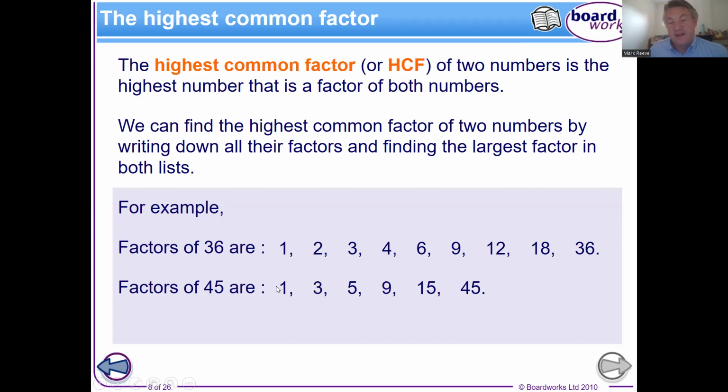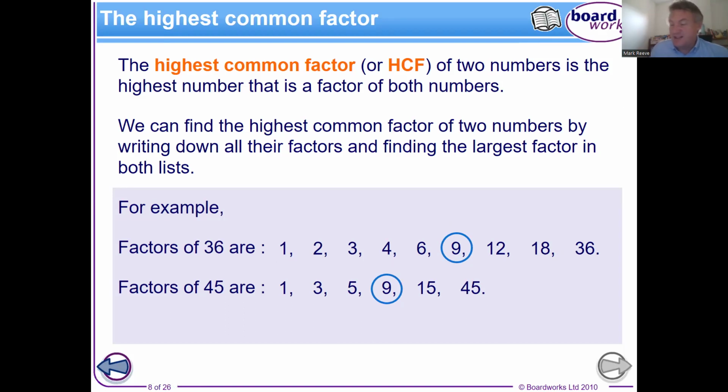Factors of 45 are 1, 3, 5, 9, 15, and 45. To find the highest common factor, you look for the ones they have in common and find the biggest one, which in this case is 9. So that's a relatively easy way if the numbers are relatively small.